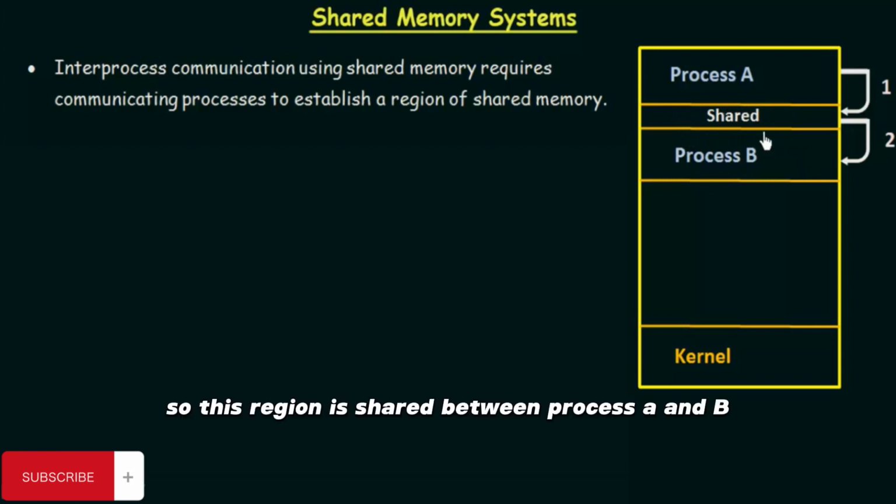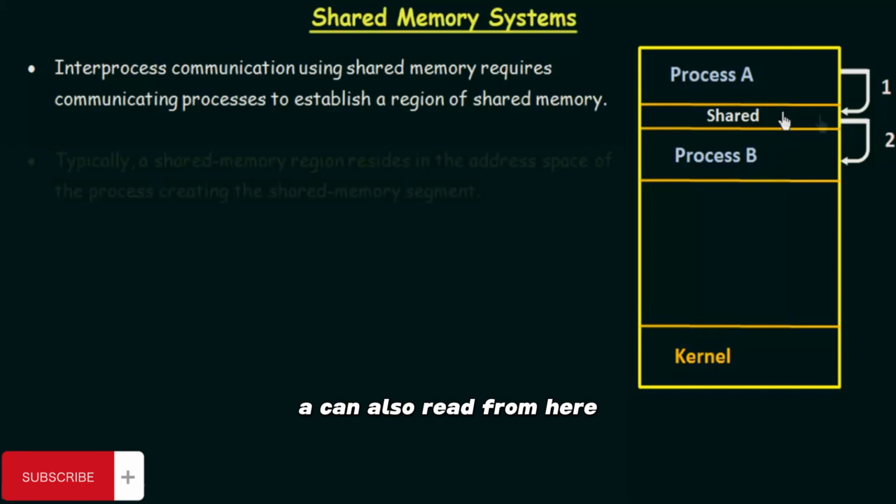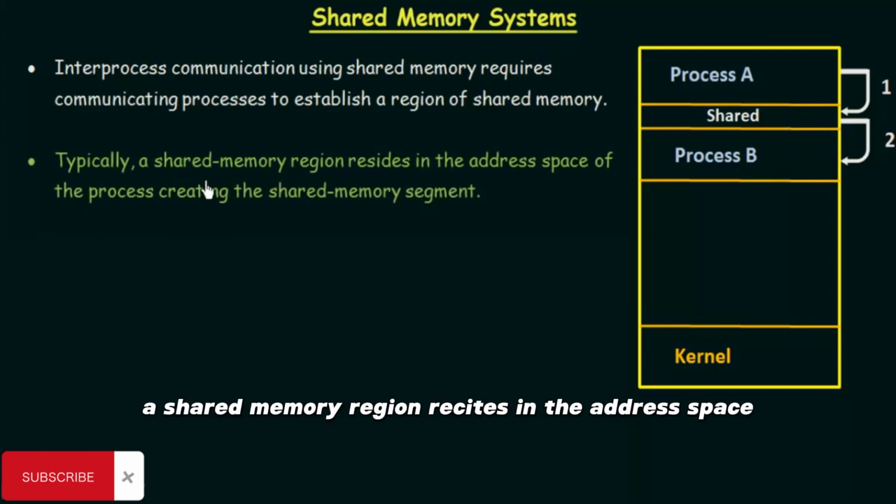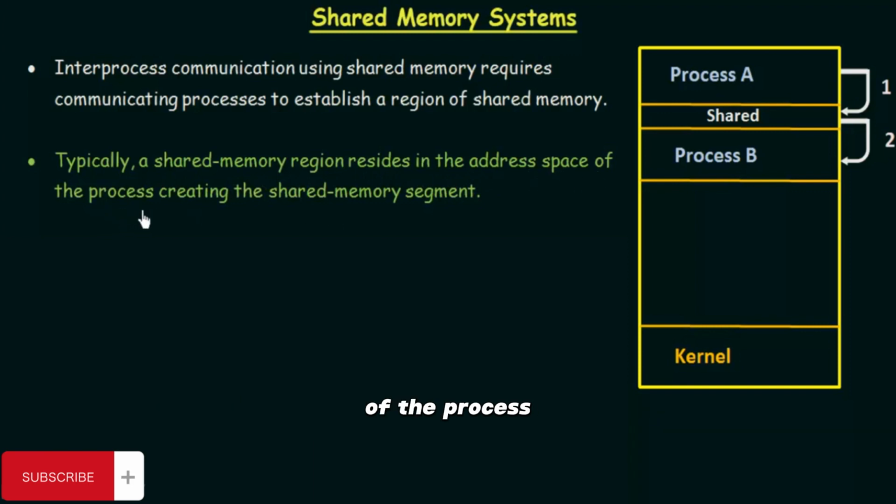This region is shared between process A and B, so that whatever process A puts here, B can read from here, and whatever B puts here, A can also read. Then typically, a shared memory region resides in the address space of the process creating the shared memory segment.